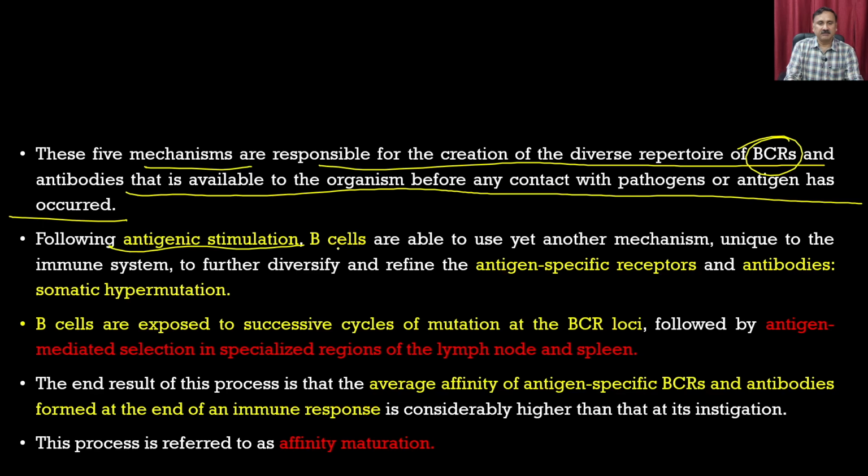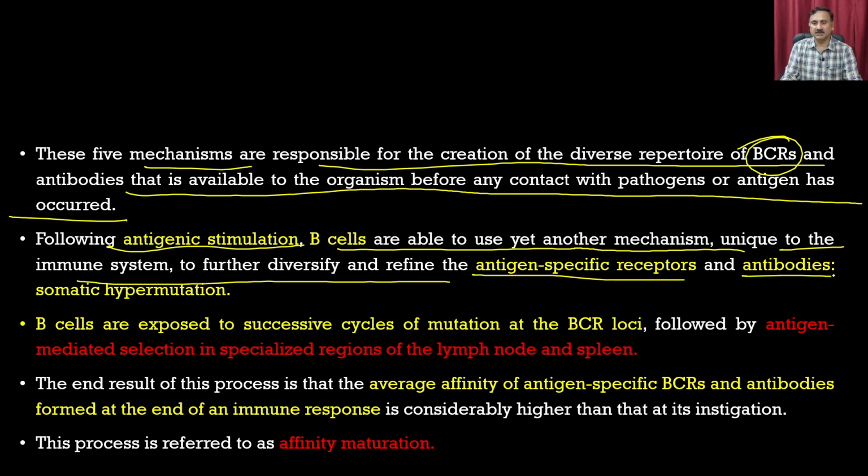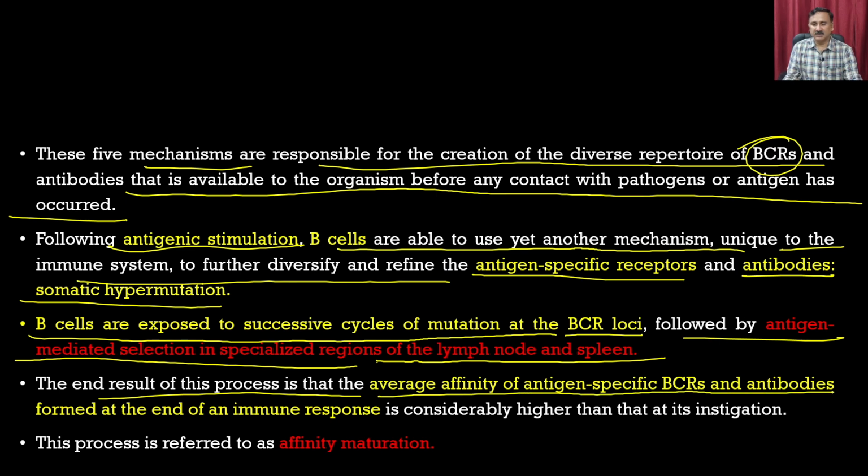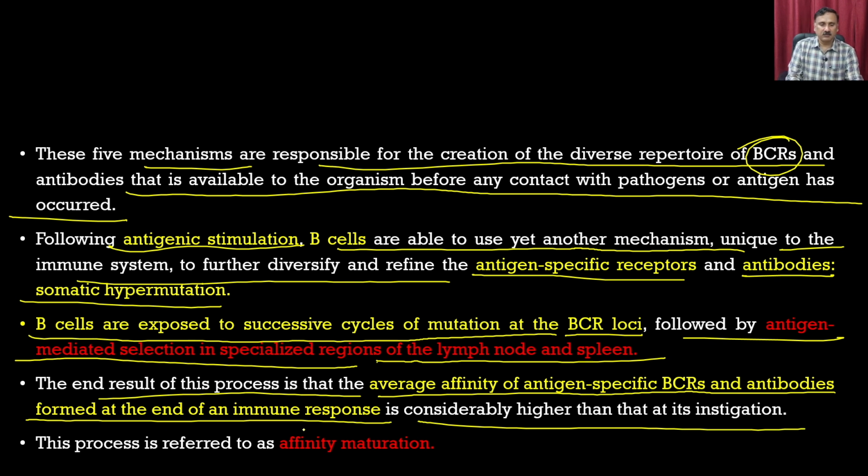Following antigen stimulus, the B cells use yet another mechanism unique to the immune system to further diversify and refine the antigen-specific receptors and antibodies: somatic hypermutation. B cells are exposed to successive cycles of mutation at the BCR loci, followed by antigen-mediated selection in a specialized region of the lymph node and the spleen. The end result of this process is that the average affinity of the antigen-specific BCRs and antibodies formed at the end of an immune response is higher than at its initiation, and this process is referred to as affinity maturation.